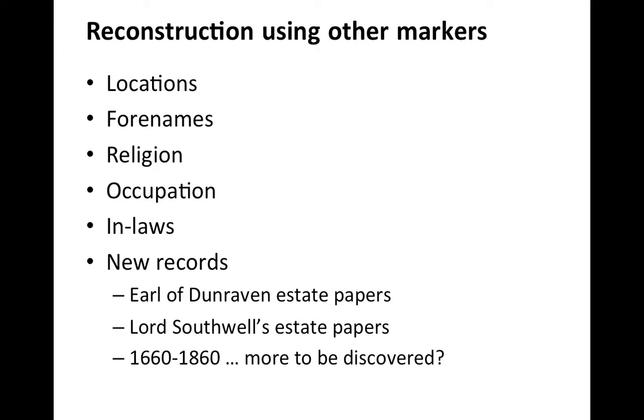We can also look at reconstruction using other markers, such as locations, forenames, religion, occupation, in-laws, and new records are always becoming available, and we know that we have to explore the Earl of Dunraven's estate papers as well as Lord Southwell's estate papers for the years 1660 to 1860, and it is very, very likely that we will discover more in these papers, but these are the rarer documentary resources, and they're not as well indexed, and they're not available online, and they will be a lot more difficult to peruse.